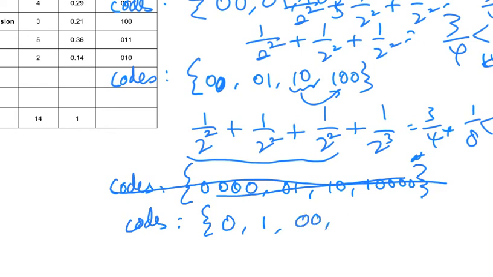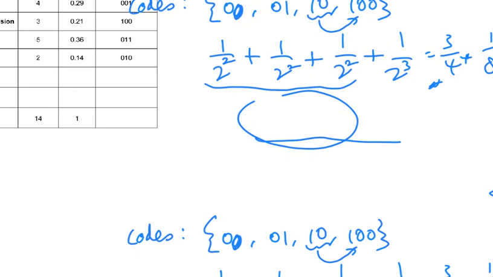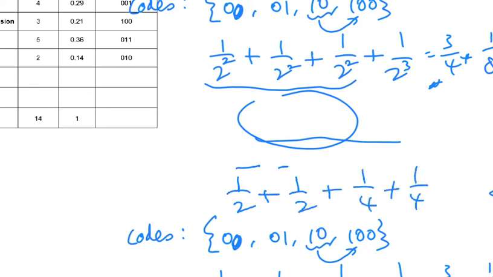Suppose it is something like that. Now if this is the case, then let's try this. This is 1/2 plus 1/2 plus 1/4 plus 1/4, and the result here is more than 1.